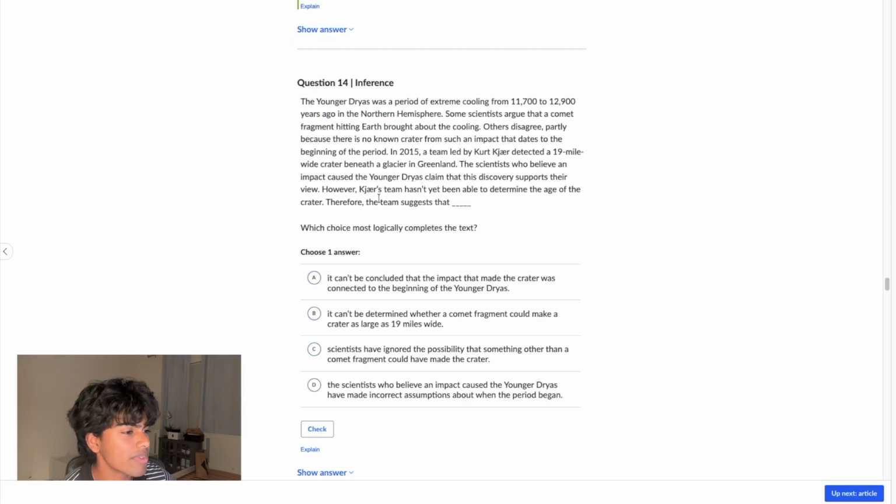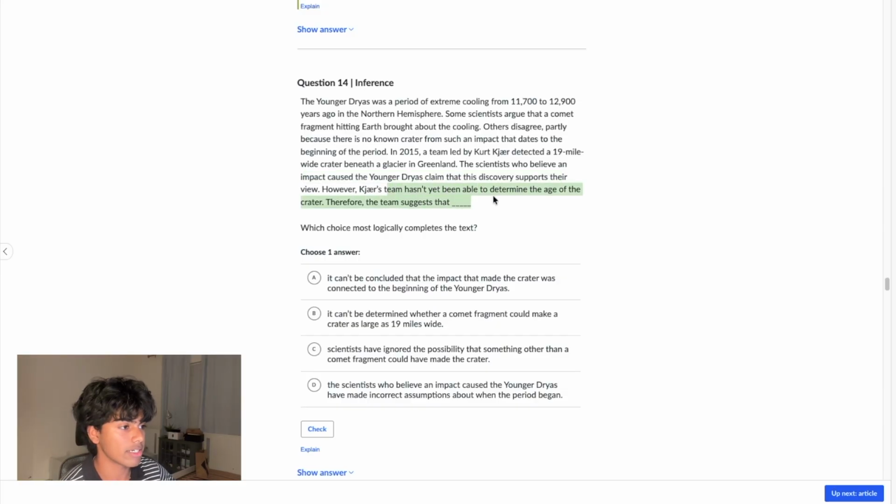Okay, next one. Which logically completes the text? Haven't been able to determine the age of the crater. Therefore, the team suggests what? Okay, let's see. So they claim that the impact caused supports their view.